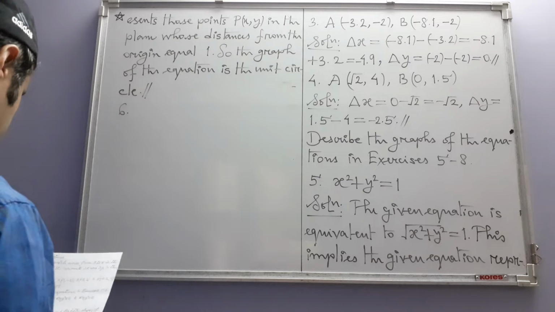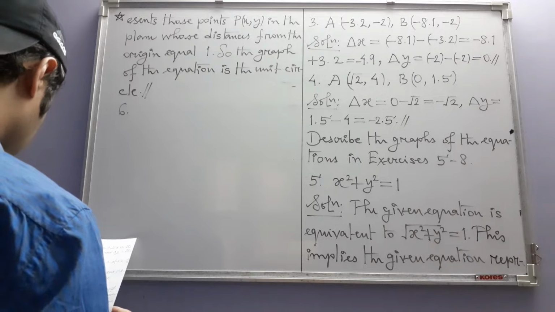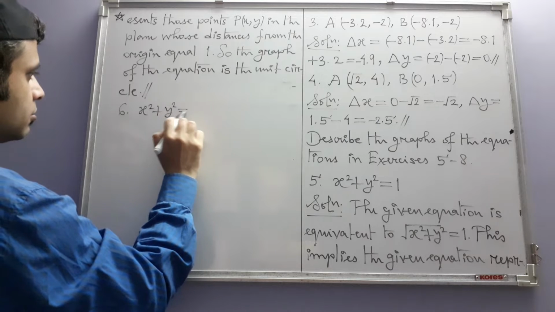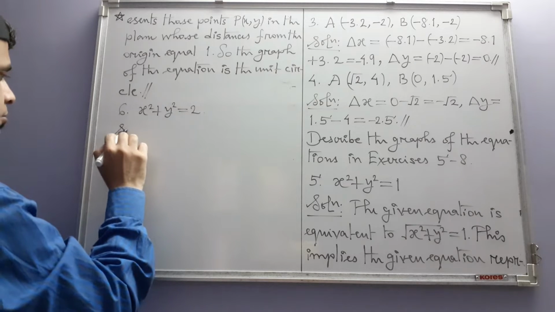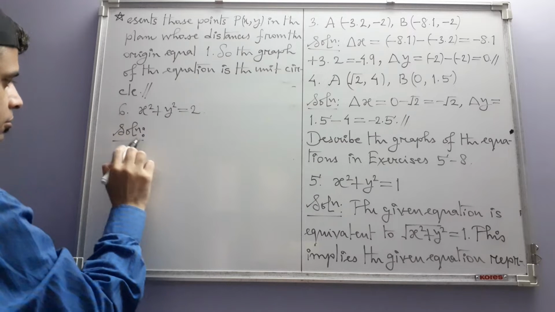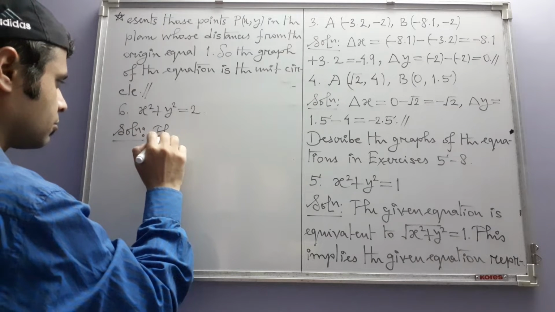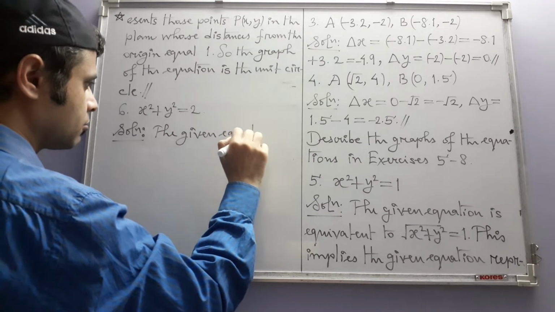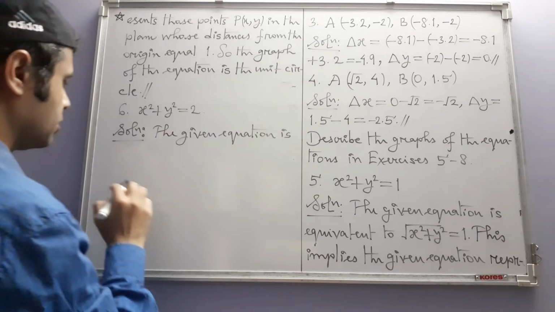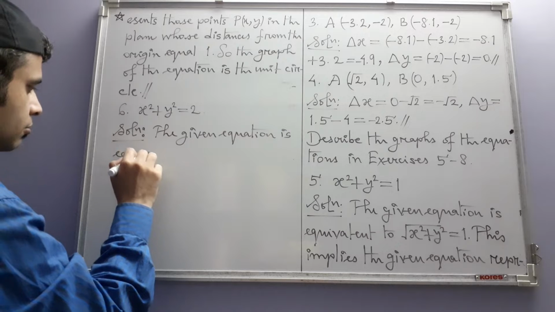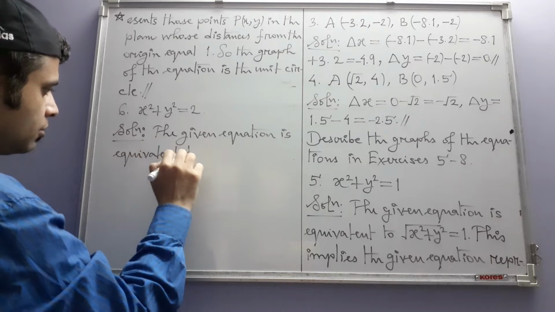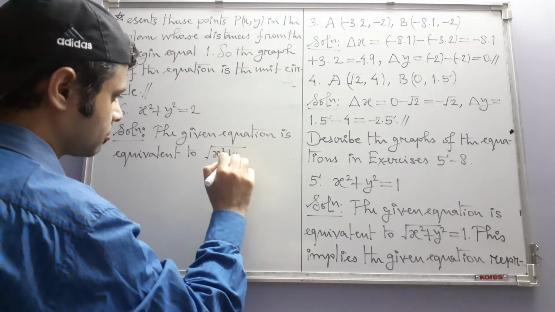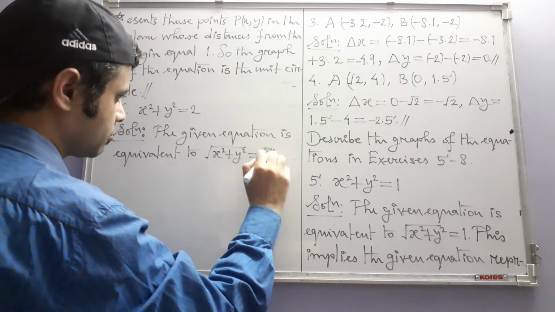Then 6: x square plus y square equal to 2. The given equation is equivalent to this.